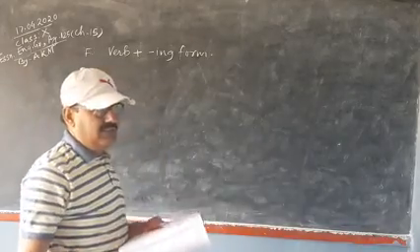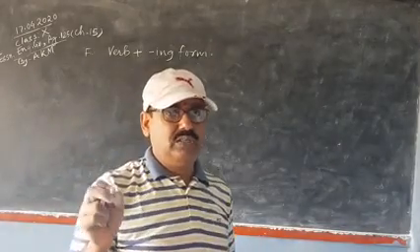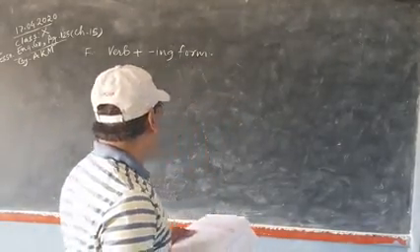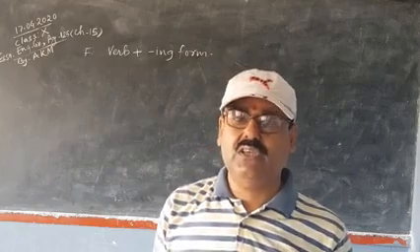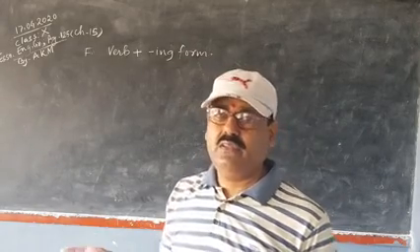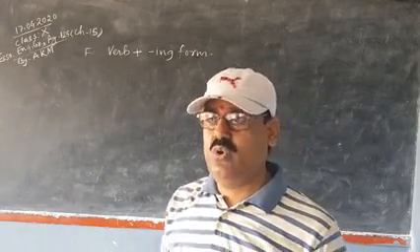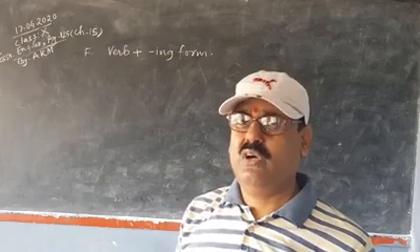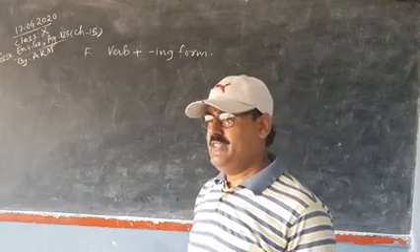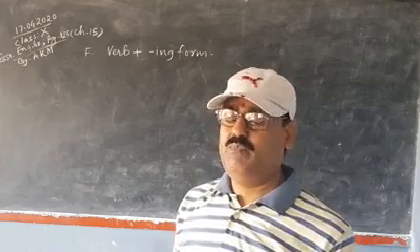As you have already knowledge about participles, verb plus ing sometimes makes participles when they are used as adjectives, and they are used as gerund also when the verb plus ing refers to a noun. So verbal adjectives and verbal nouns are there.